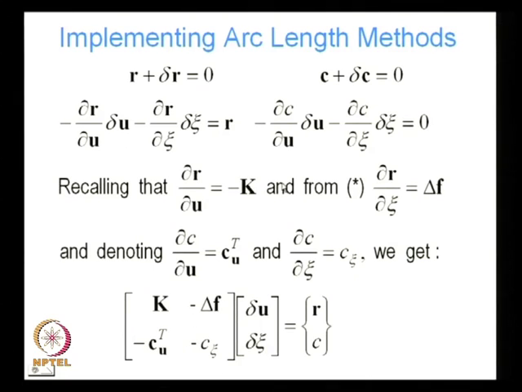So, cu transpose delta u plus c xi delta xi equal to c. There is a typo here, I am sorry, this should be c. So, that has to hold.